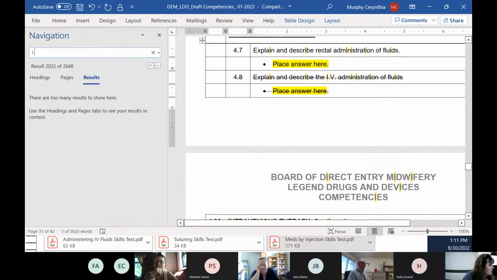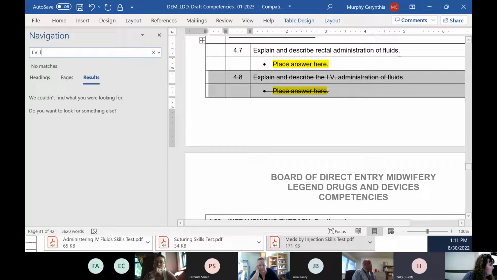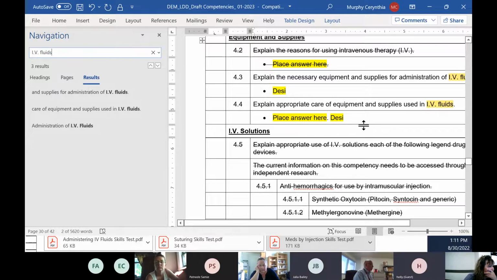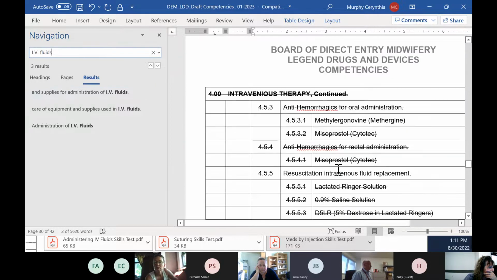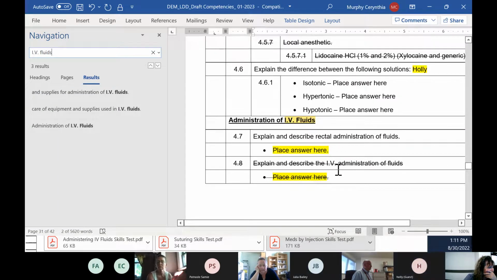So I think we need to keep 4.8, and I don't think we need 4.7, because the routes of administration should cover rectal. Well, I do think we need 4.7, because administering Cytotec rectally is not the same as administering fluids rectally. But this section is on IV.